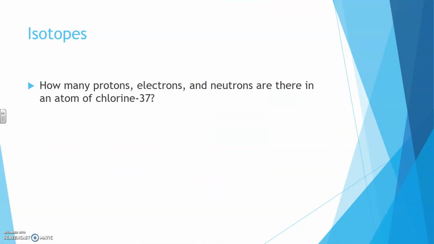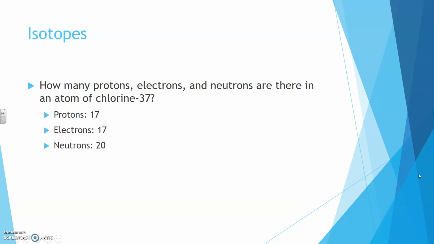How many protons, electrons, and neutrons are there in an atom of chlorine-37? If you look at your periodic table, you'll see that chlorine has 17 protons. Then you take your 37, which is protons and neutrons together, and subtract out your 17, so you end up with 20 neutrons.